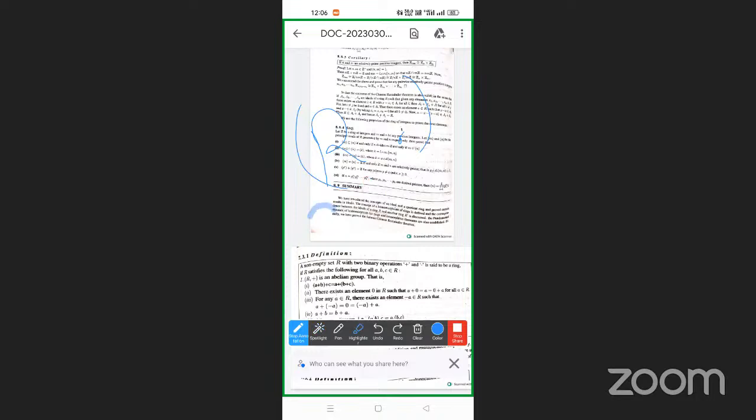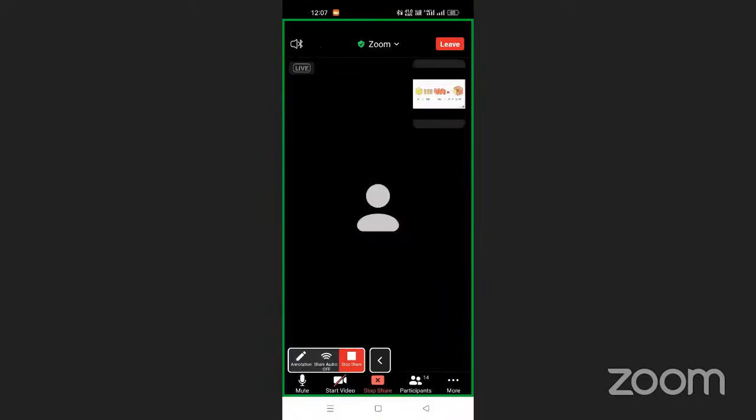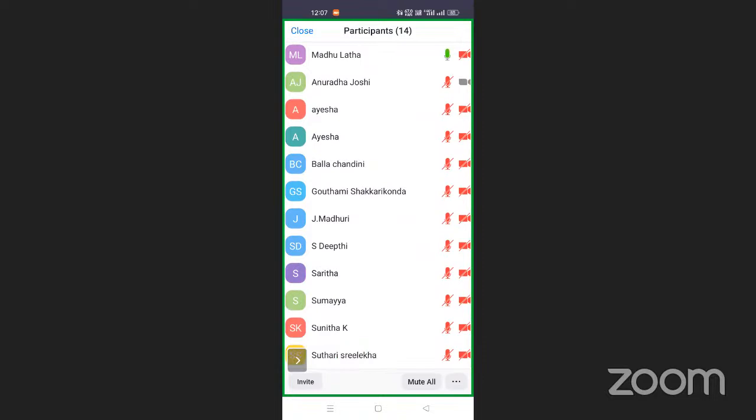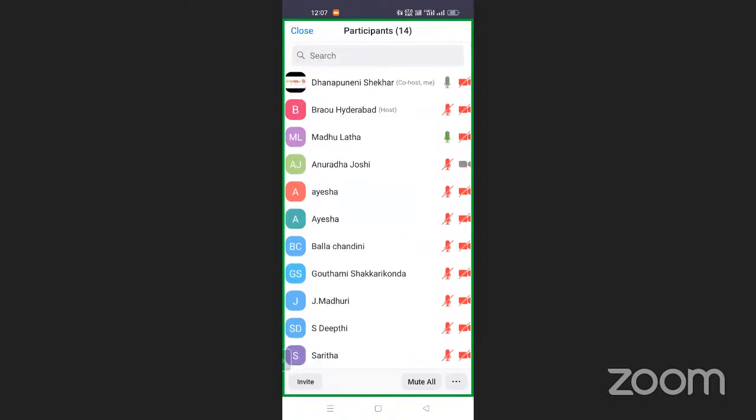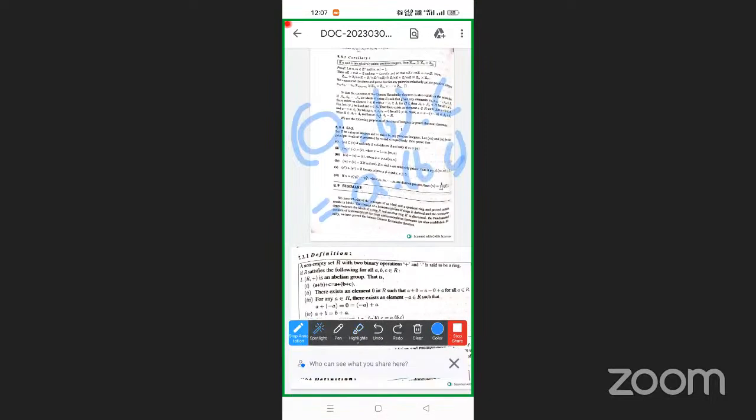So this is the associative condition with respect to multiplication.